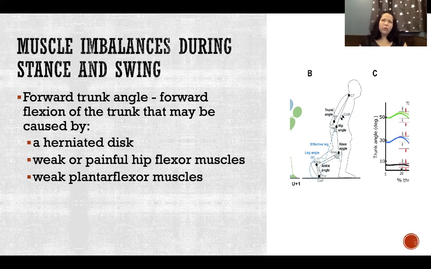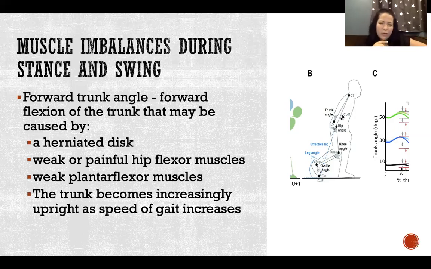Because the more we're stacked on top of the plantar flexor muscles, the more force they have to produce to propel us forward. So if we're leaning forward, they don't have to produce as much force to propel us forward because we are already forward. I hope that makes sense.